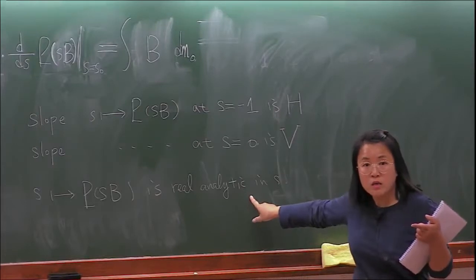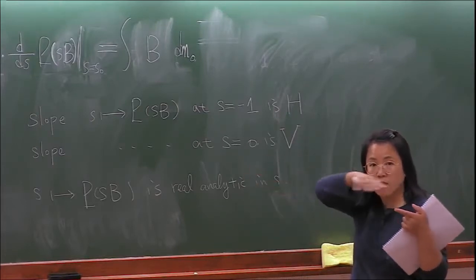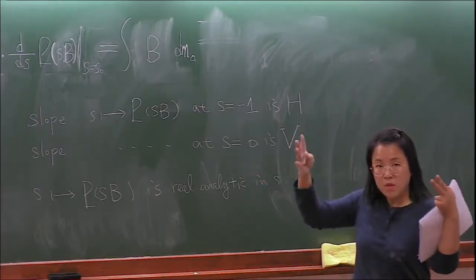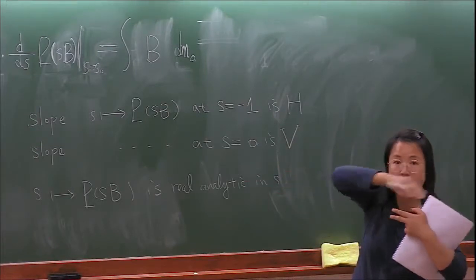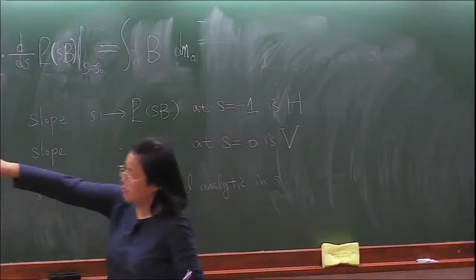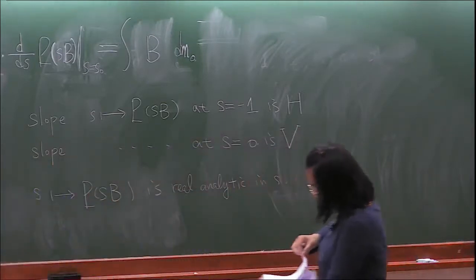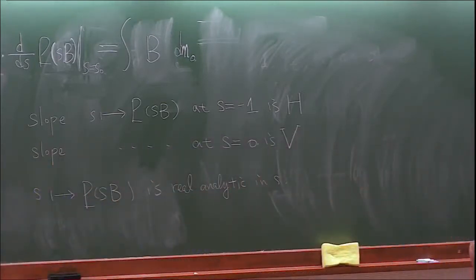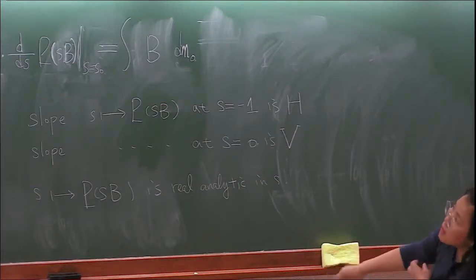It's real analytic. If you already have constants in the middle part and it's analytic, you have to be a straight line, so you have to be constant. Okay, so this is the first part.